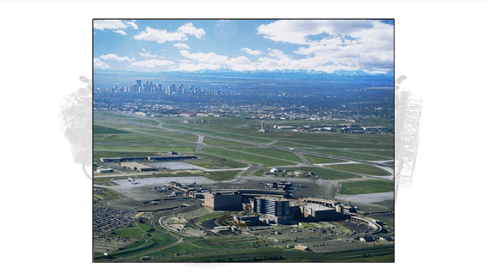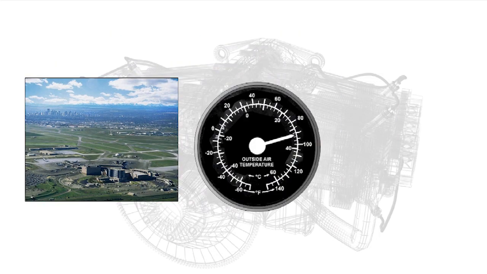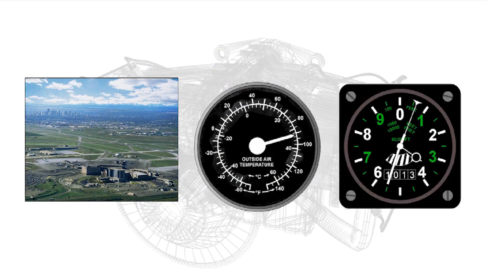Imagine that you're fortunate enough to be taking off in a light aircraft from Calgary, in Alberta, on a nice summer day. The indicated outside air temperature is plus 33 degrees Celsius. The elevation of Calgary Airport is 3,550 feet.